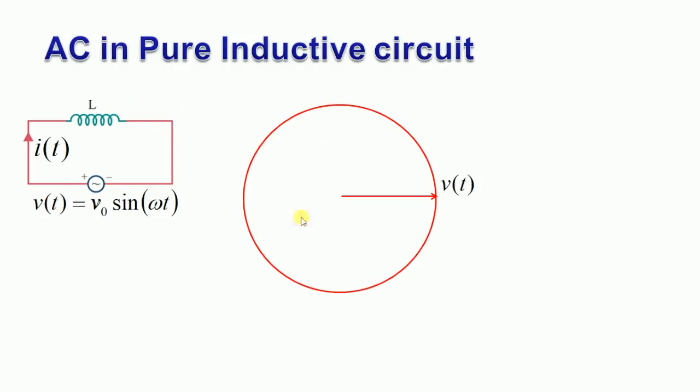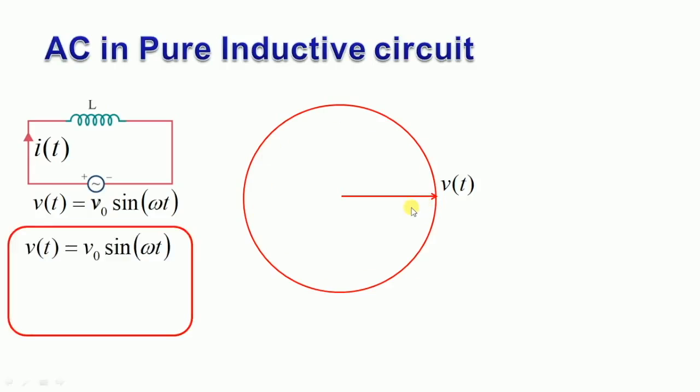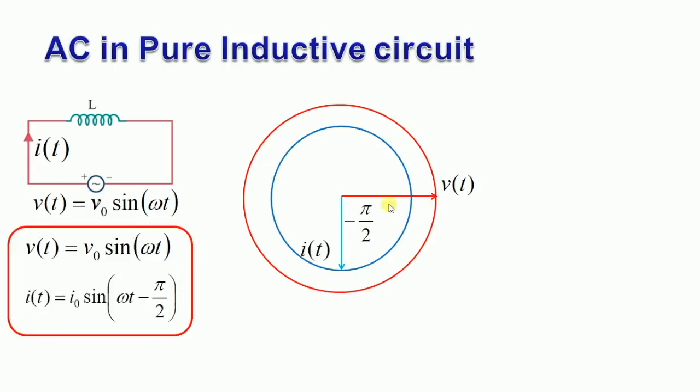Now we shall describe one circle of certain radius that pertains to amplitude of the voltage, and here this arrow indicates the angle described with x-axis. So as this angle rolls up, one complete cycle is described, and for current we can have another circle of little smaller radius.